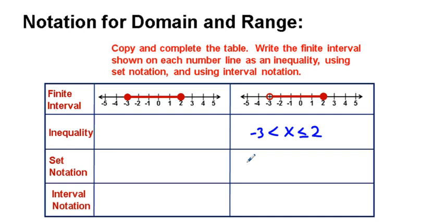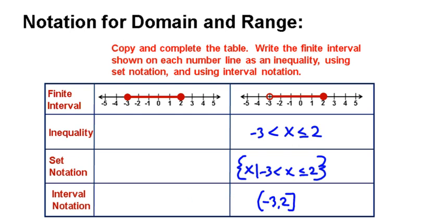And in set notation, we have the open bracket here, x such that x is greater than -3, but less than or equal to 2. Okay, and then interval notation, we have greater than -3, comma 2. So that's what that looks like.